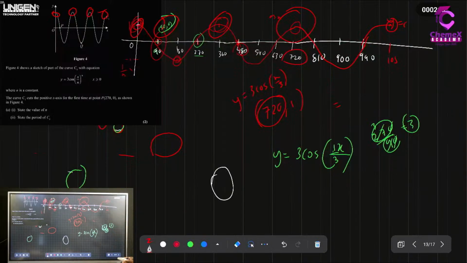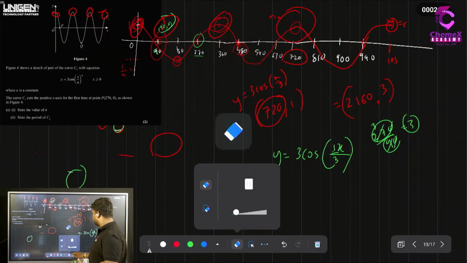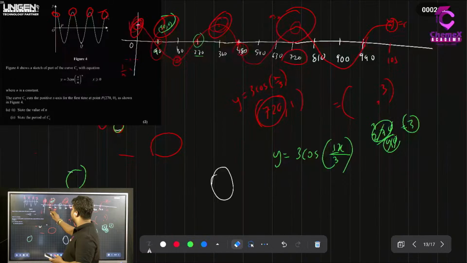It will be 720 into 3. 720 into 3 is how much? 2160 comma 3. Did I make a mistake? Oh no, I did make a mistake.